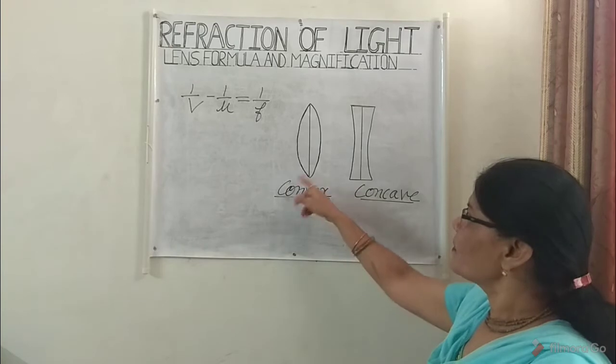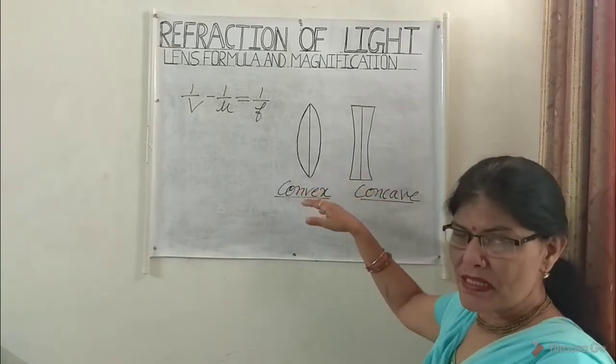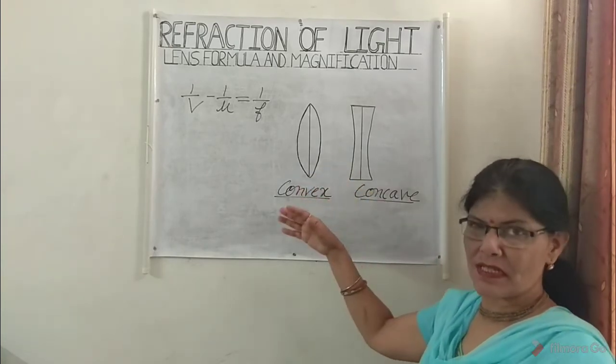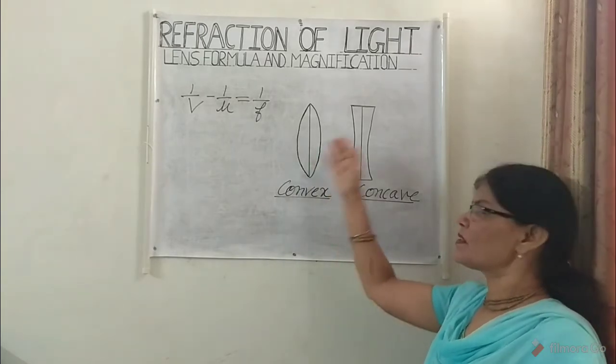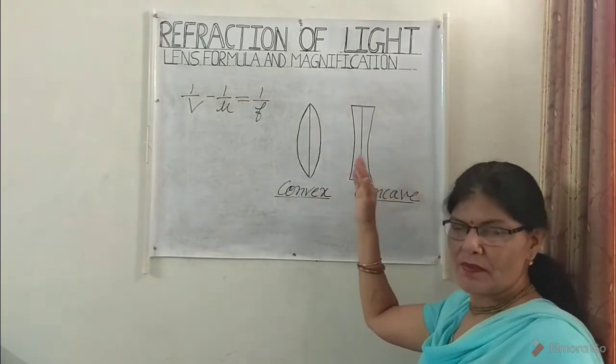In the case of a convex lens, as we have studied, the focal length, or principal focus, is on the right hand side.